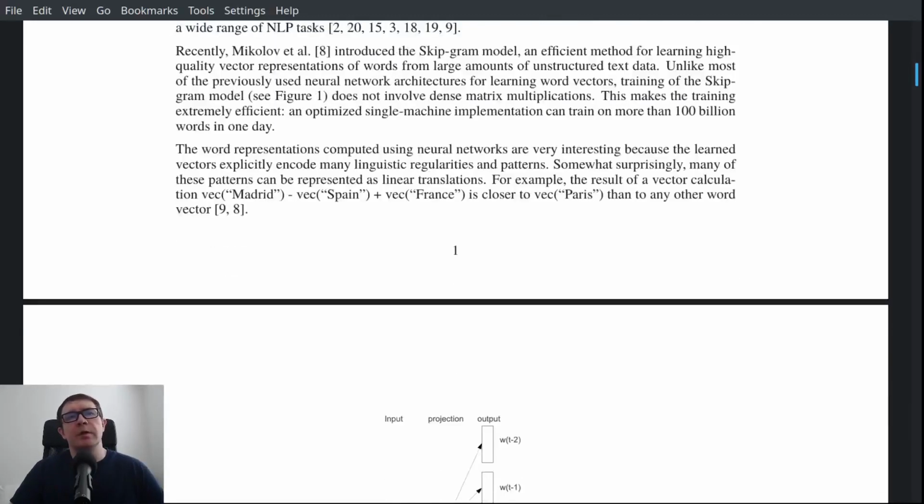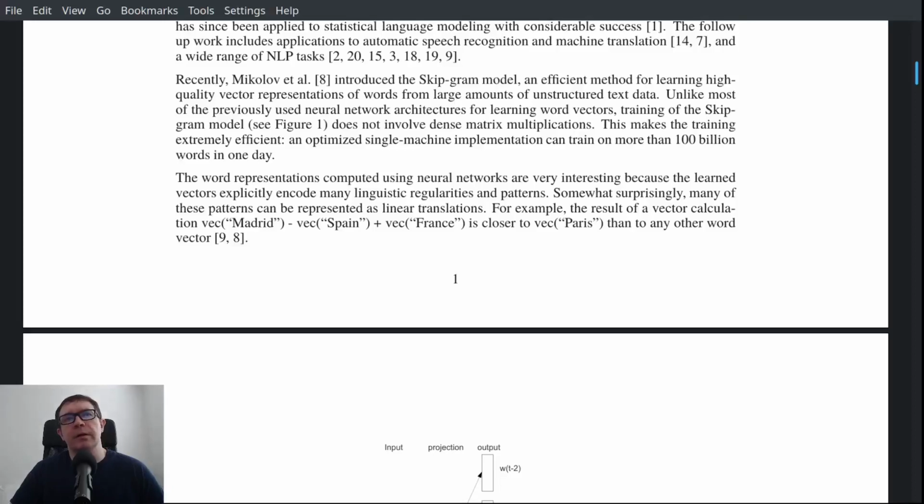In the next paragraph, they talk about something quite interesting, is that the fact that these vectors are pretty much linear, which means that you can add and subtract vectors to get different types of meaning. So for instance, Madrid, which is the capital of Spain, if you subtract Spain, the capital, from Madrid and add in the vector France, it spits out the nearest vector being Paris, which is of course the capital of France.